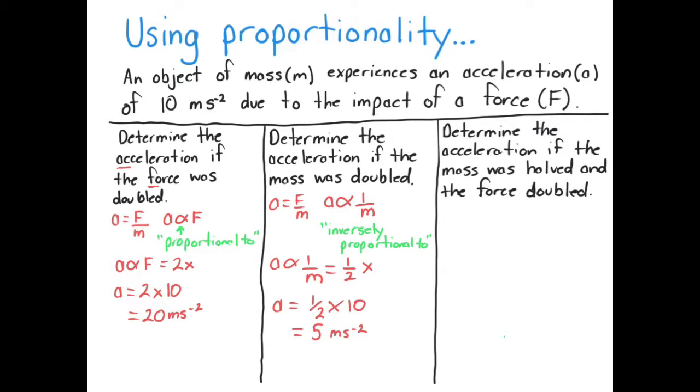In the last one, we've got a slightly more complex case. We start with the relationship that we're using, which is where we get our proportionality from. So we know that the acceleration is proportional to the force and inversely proportional to the mass. Just rewriting that out, you probably wouldn't do quite this much working out every time, but keeping it consistent.